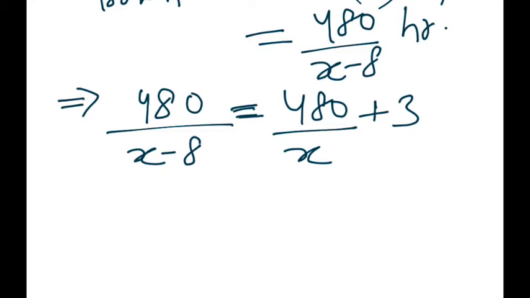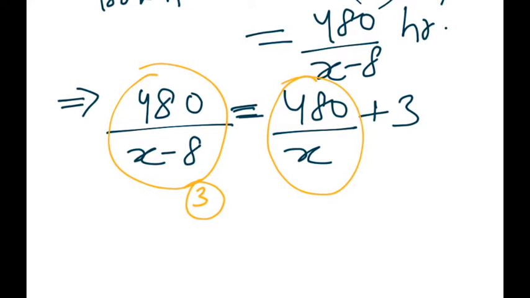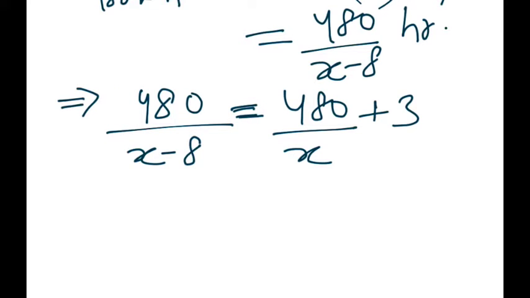If the speed had been 8 km per hour less, then the bus would have taken 3 hours more, which means that this time is 3 hours less than this time. So we are adding 3 here so that both the times become the same, right? So that's the idea.